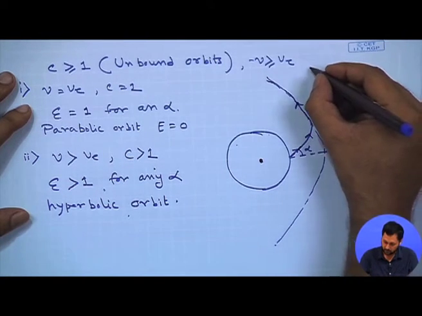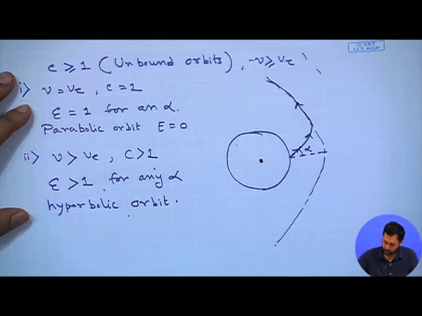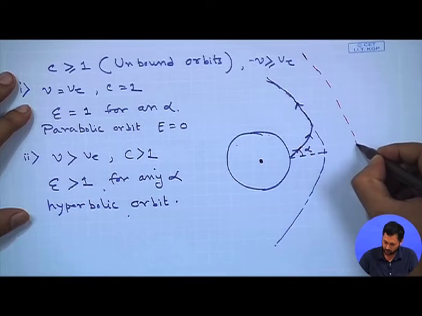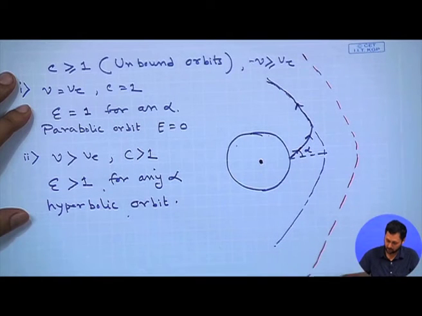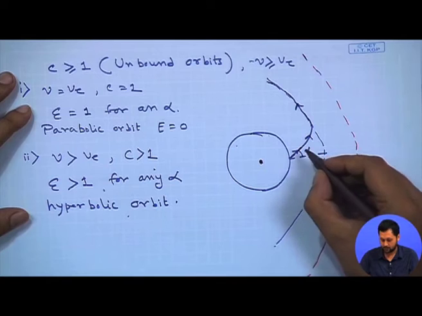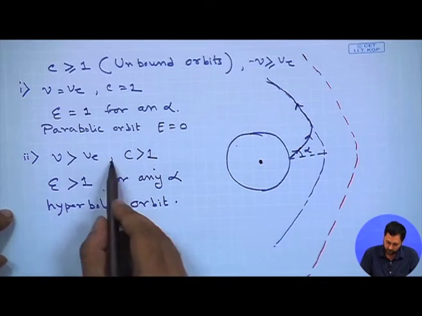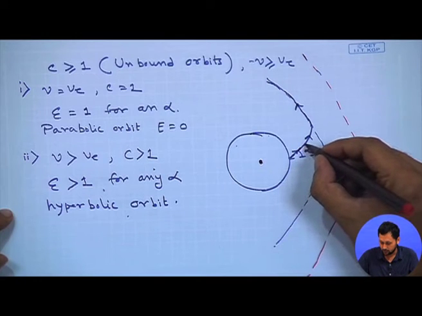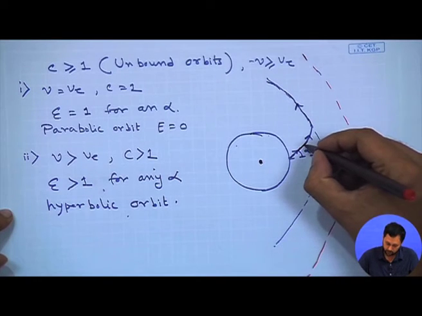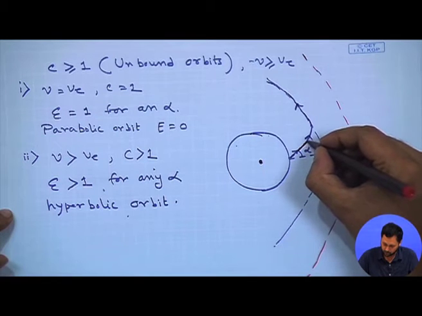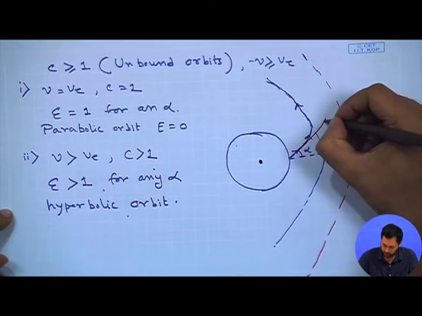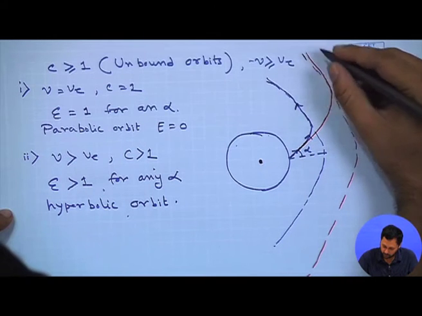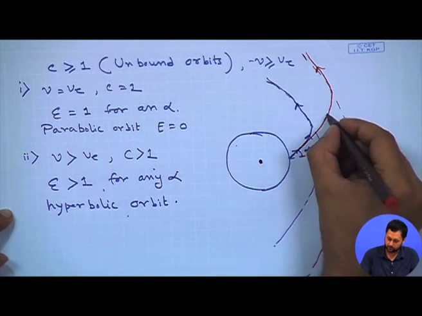Similarly, a hyperbola will be, okay, I will draw it with red. If we have a velocity which is greater than v(e) with the same launching angle, then the projectile, after launch, will go like this and essentially merge into this hyperbolic orbit and move away from the force center.